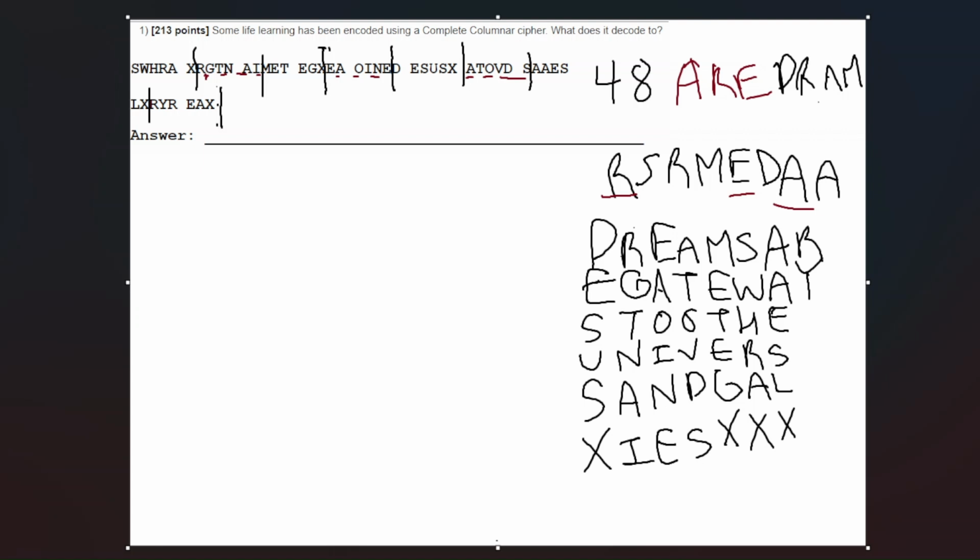And we have RY, R, EAX. So this gives us: dreams are gateways to other universes and galaxies.